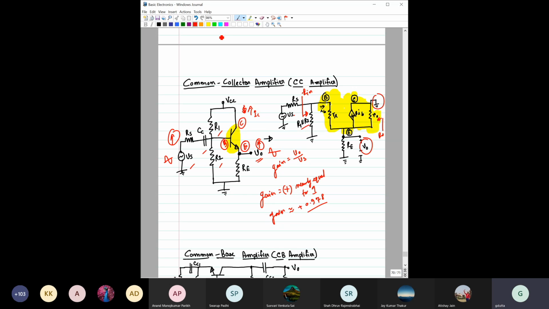From here you can understand that whatever small signal voltage you apply, at this output you also get a similar voltage. Whatever you get at this emitter is quite close to the input signal source. And that is the reason why this common collector amplifier is also known as emitter follower.